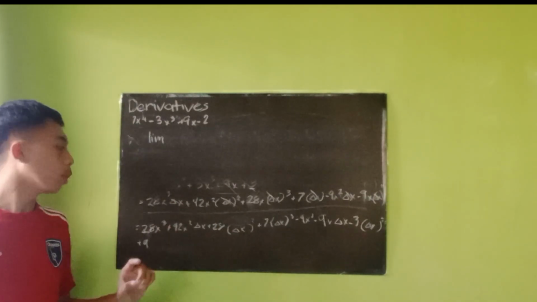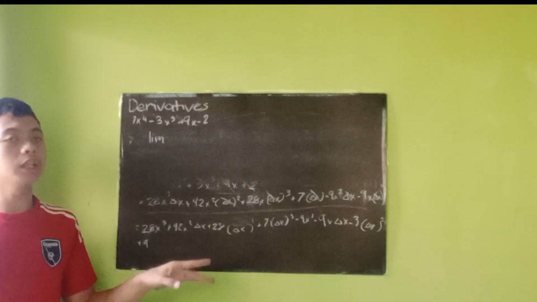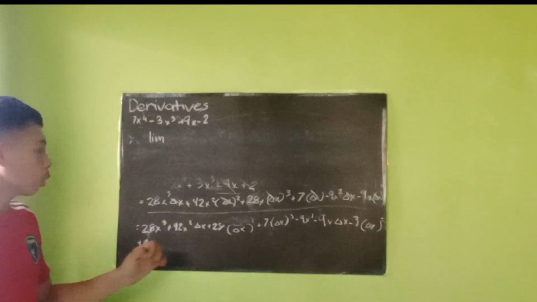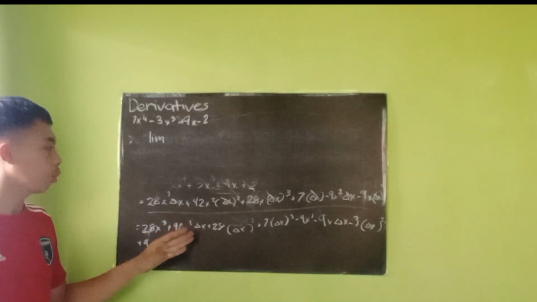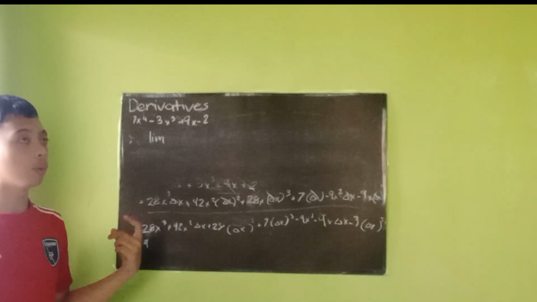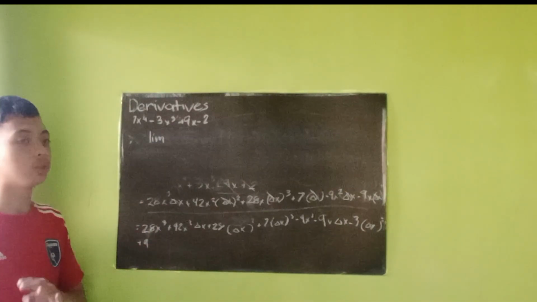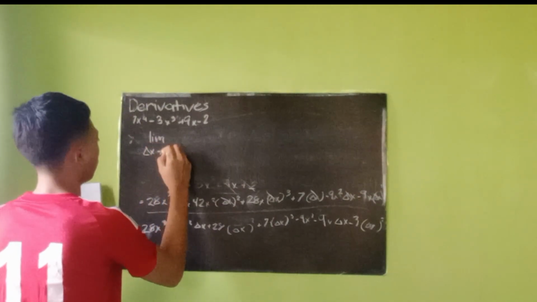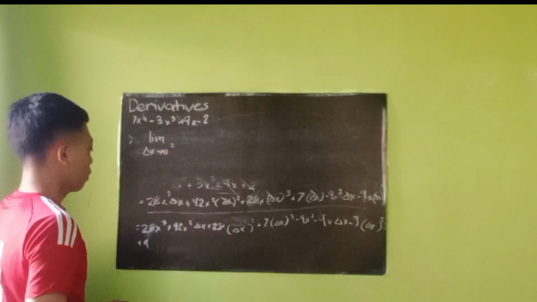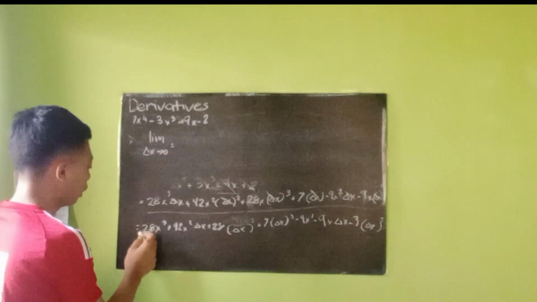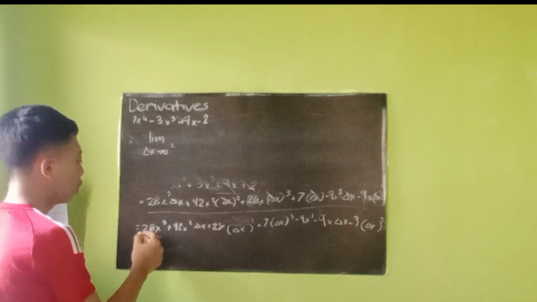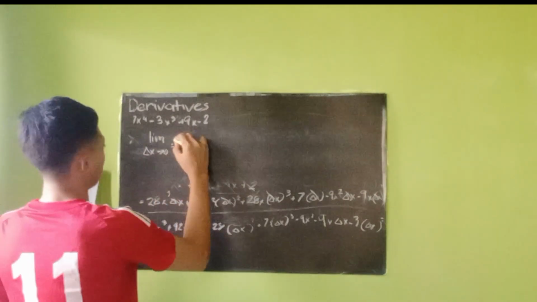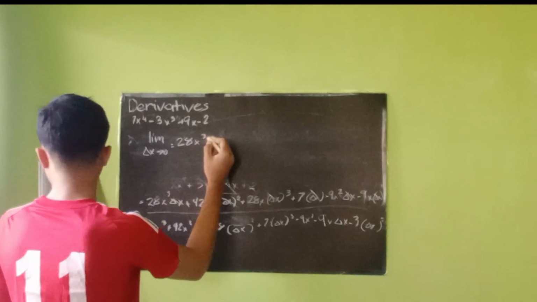Most of the terms that belong with the delta x will be substituted with 0, which also means that most of the numbers given will be removed, or will no longer be in this function. So let's write that down. As delta x approaches 0, this one doesn't really have a delta x, so we can place it here: 28x cubed.